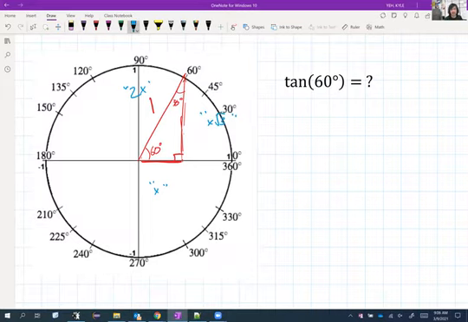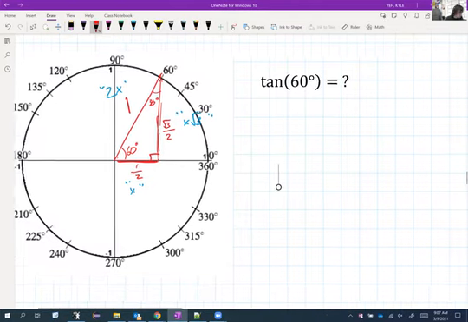So what does that mean for us? Well, then the shorter leg is half of the hypotenuse, so 1/2. The longer leg is 1/2 times root 3, so root 3 over 2. Now we know our x, our y, and our r. So what is tan 60 degrees?